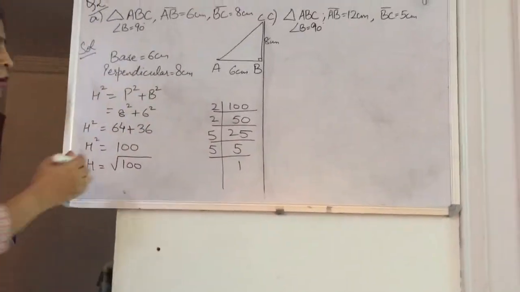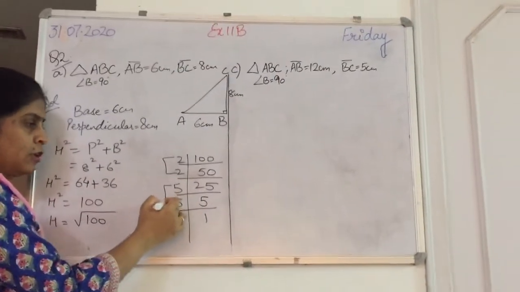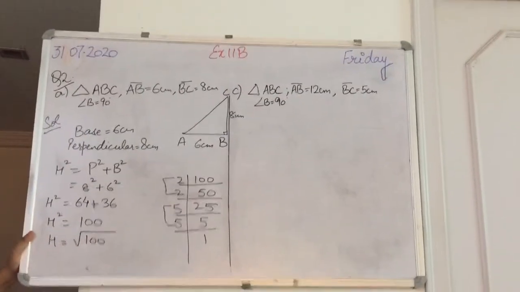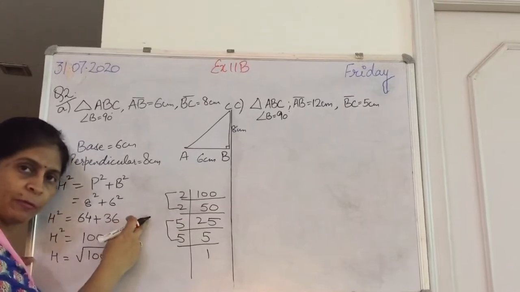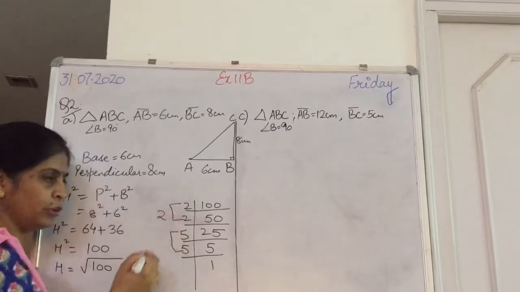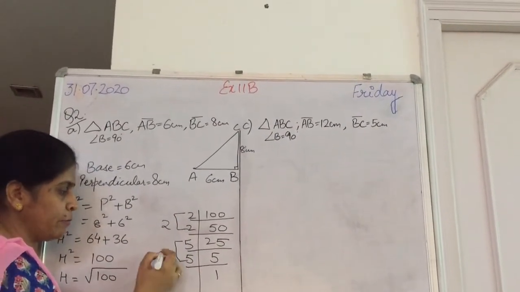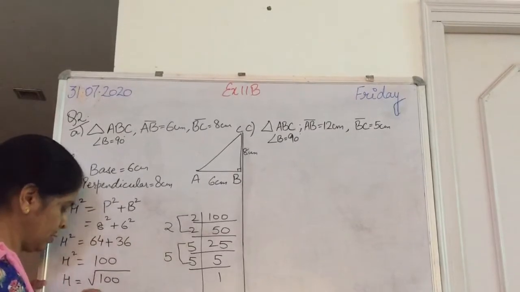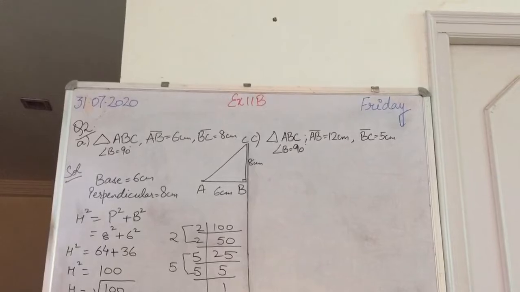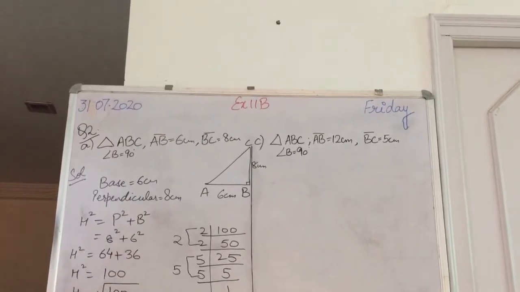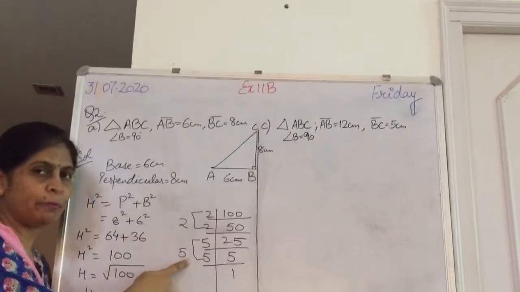Now what you do, make the pairs and then pick out one number from each pair. You have to make pairs of same numbers. Picked out one number, 2, same numbers, picked out 5, multiply it. So square root of 100 is 10. You can find out by any number, but remember one thing, that it should be prime.